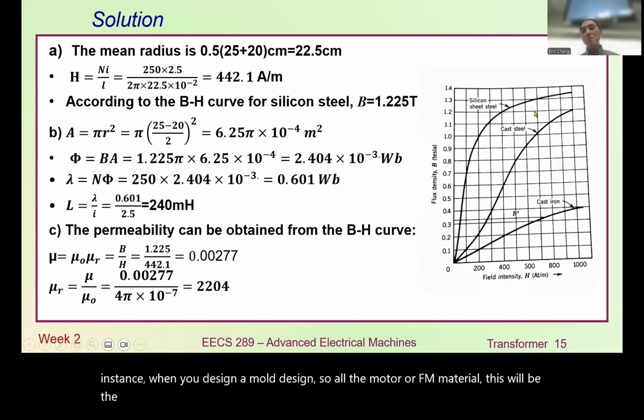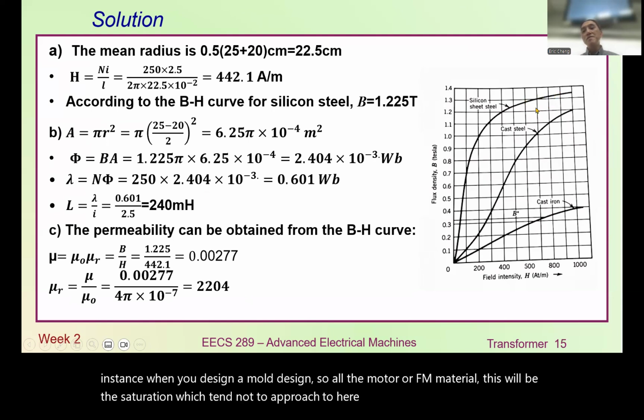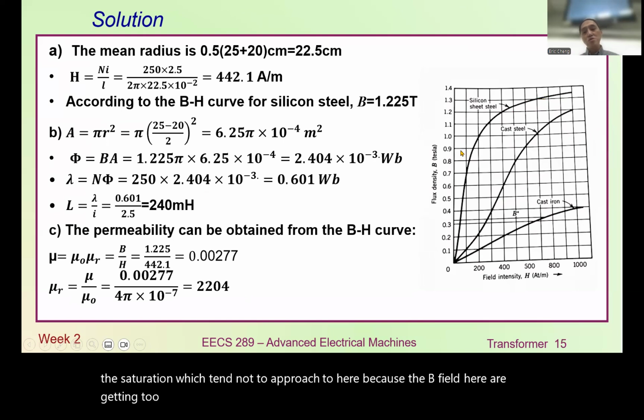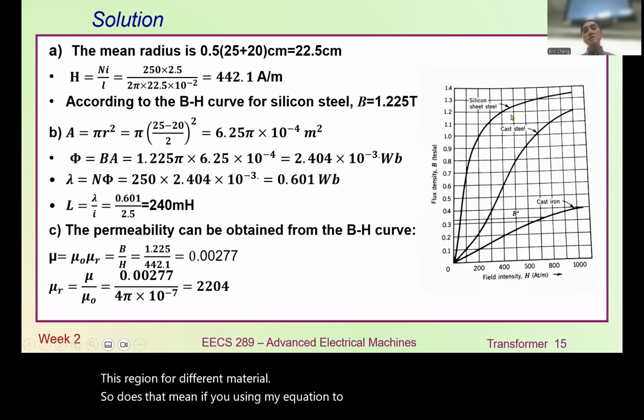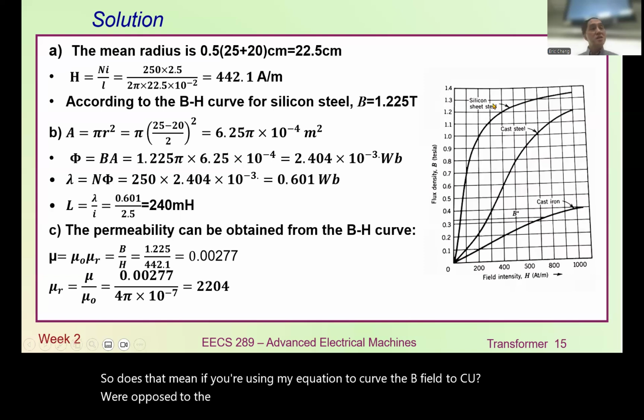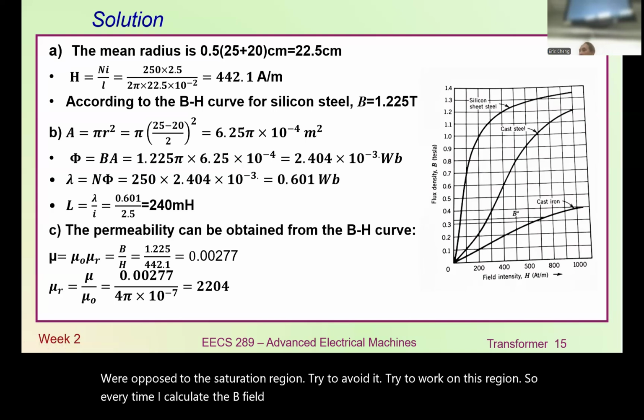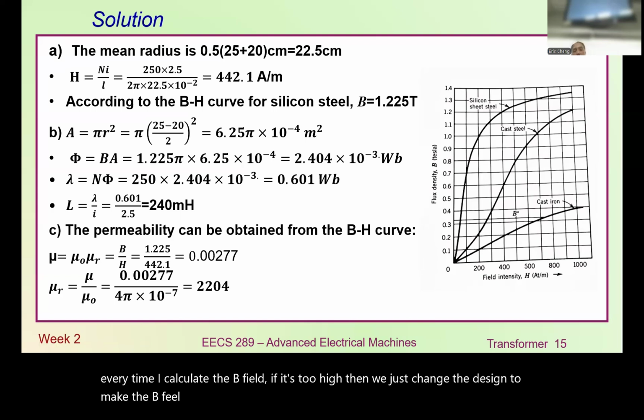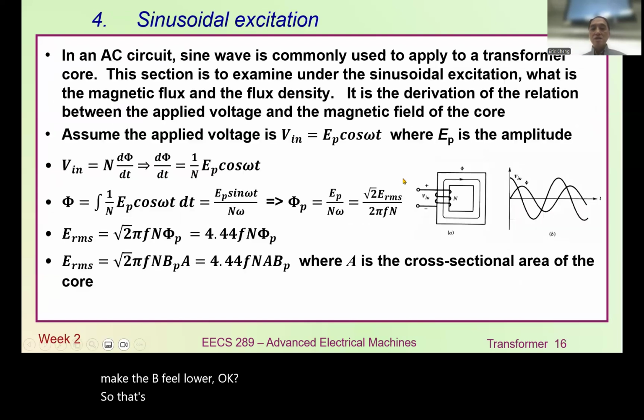We tend not to approach here because the B field is getting too high and will saturate. So we usually work in this region for different materials. If you use my equation to calculate the B field and see you would approach the saturation region, try to avoid it, try to work in this region. So every time when I calculate the B field, if it's too high, then we just change the design to make the B field lower. Okay. That's how we do that in normal design.